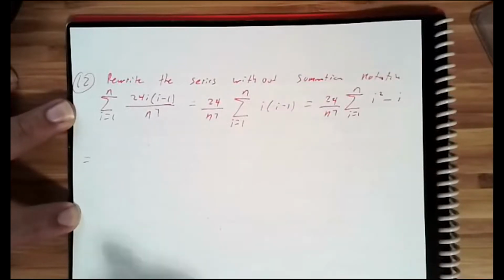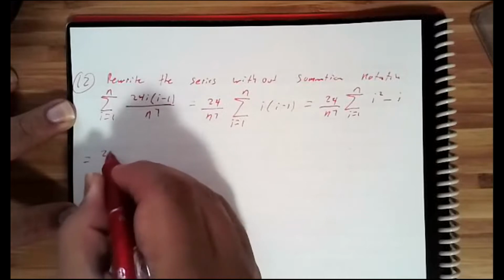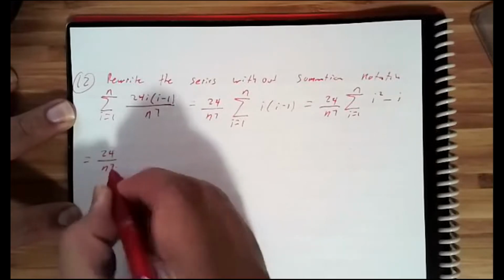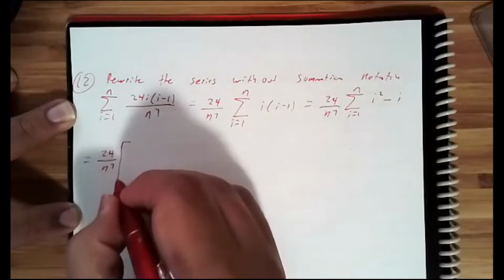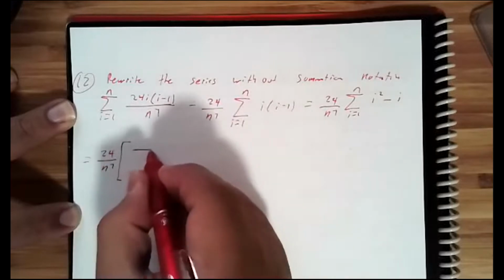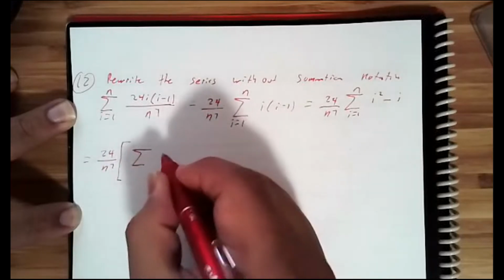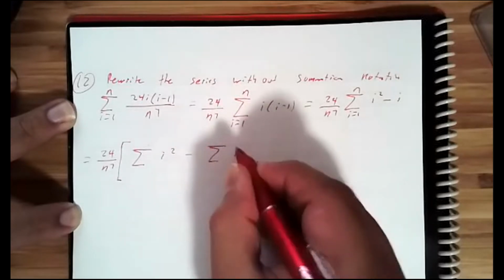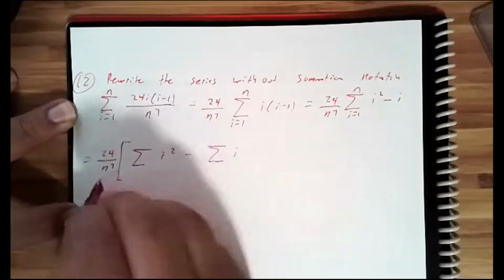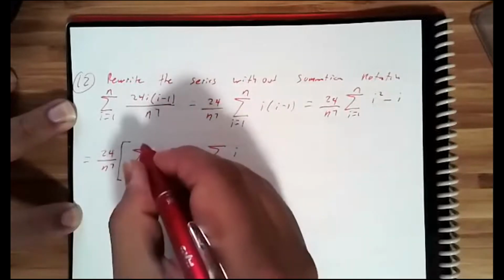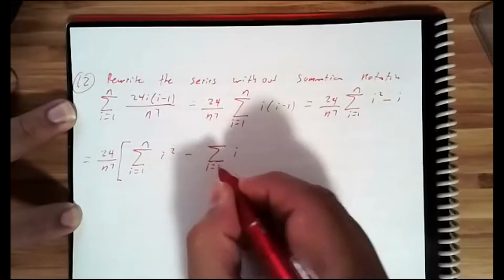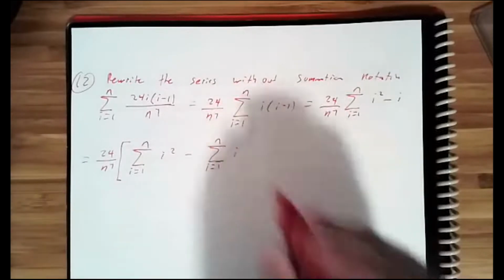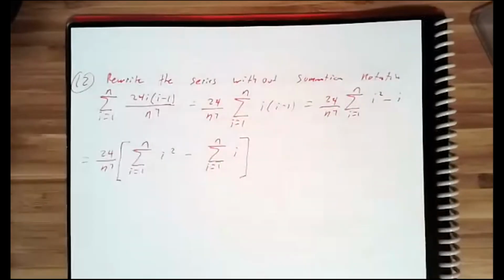I'll separate these into two series. Put some brackets out here, I guess. First series with an i squared minus the second series with just an i. So we're going to need the formulas for i squared and i. I don't have those memorized, so let me look them up.